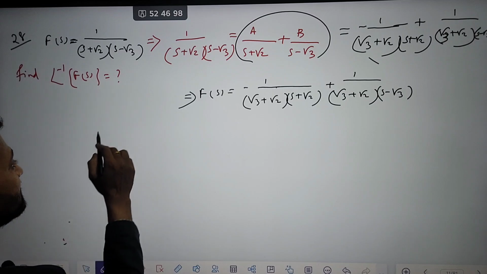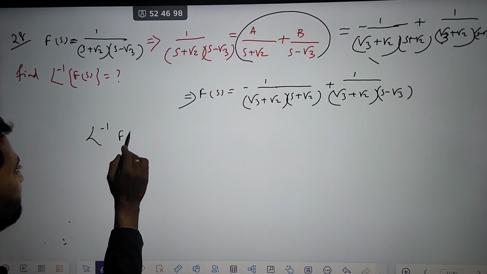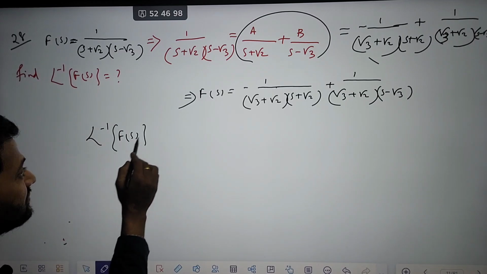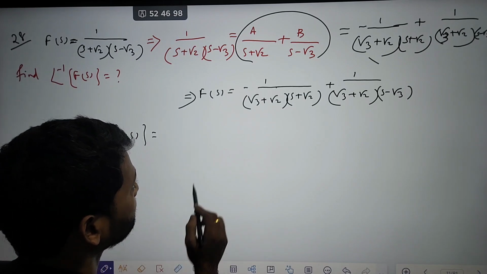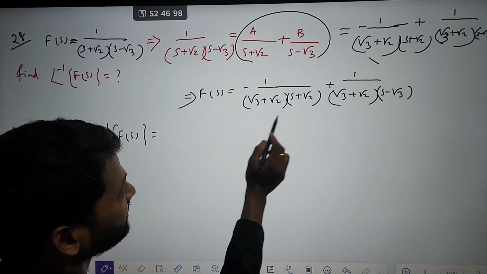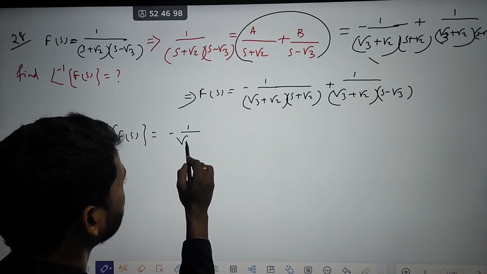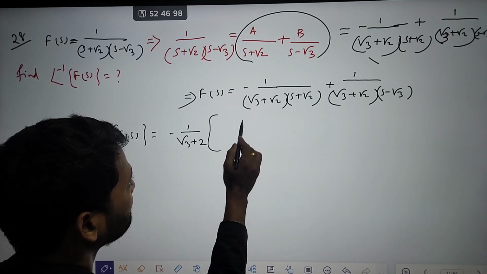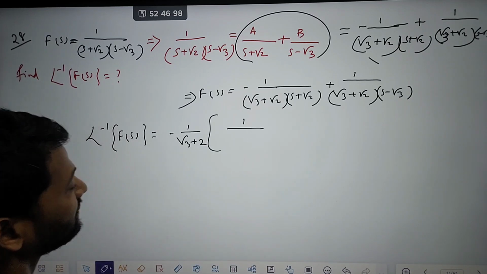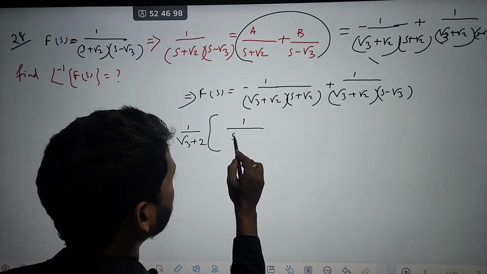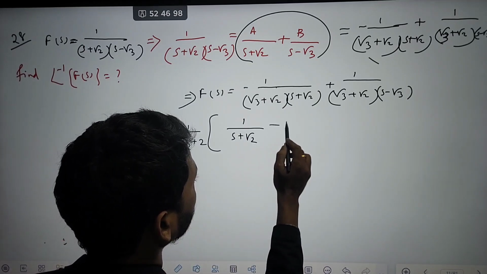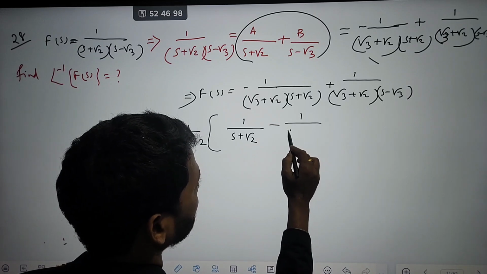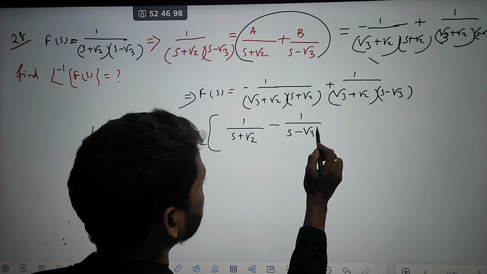This we will take Laplace inverse. So Laplace inverse of F(s). Here if I take 1 by (root 3 plus root 2) as common, then the answer is, what will it be? 1 by (s plus root 2), minus 1 by (s minus root 3).